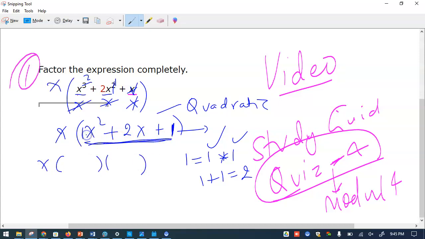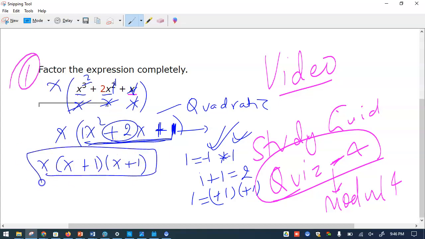And there's a 1 here, so it becomes easy. Just put x right here. And because the factors are 1 and 1, remember 1 times 1 is 1, both have to be minus and minus, or both have to be plus 1 and plus 1. So we will take plus 1 and plus 1 because there is a plus 2.